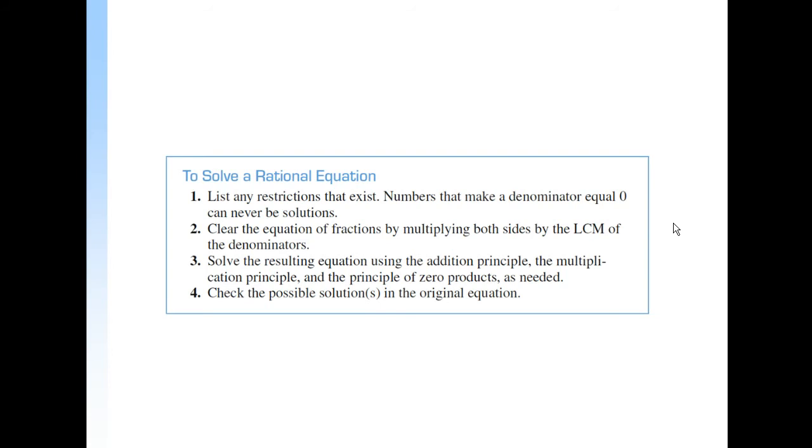If a value of x comes out as a solution, let's say x equals 2 and x equals 3, if the 2 makes one of the denominators a 0, then that is excluded because that would be undefined. So that's what they're talking about here. Otherwise, we want to use all our techniques that we have in our little kit to solve equations.